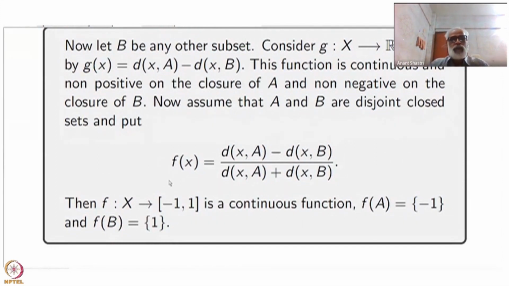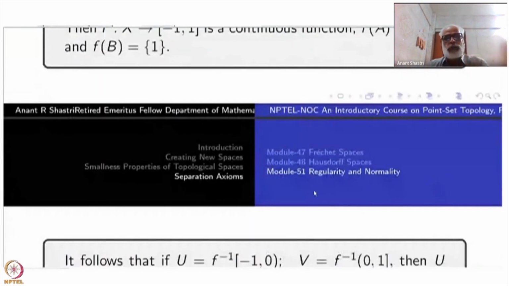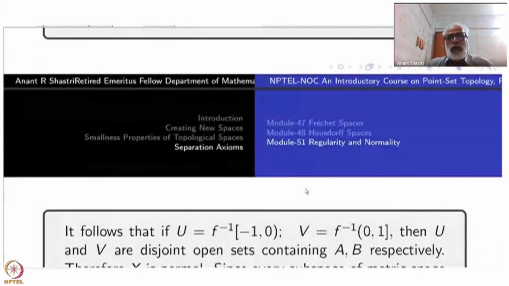So you see what we have produced is a continuous function from the whole of X, which is exactly -1 on A and +1 on B. Now you can take a small neighborhood of -1 and a small neighborhood of +1.